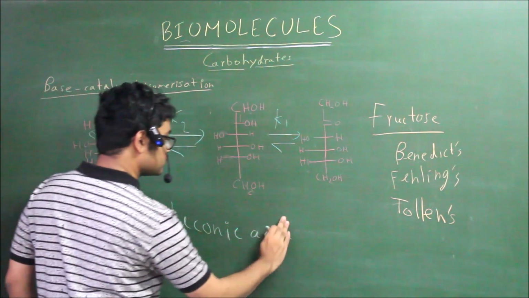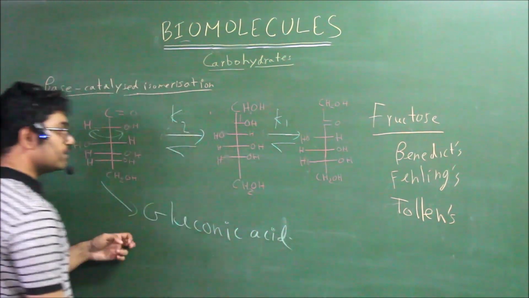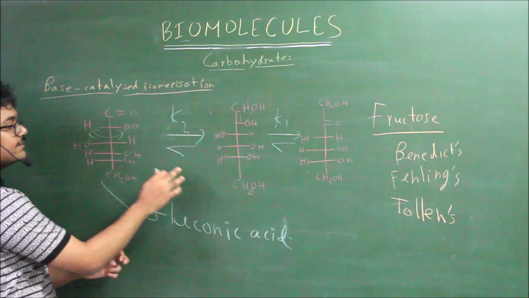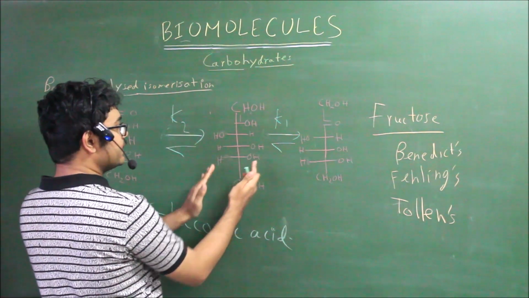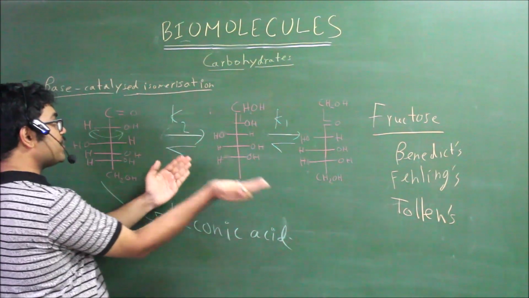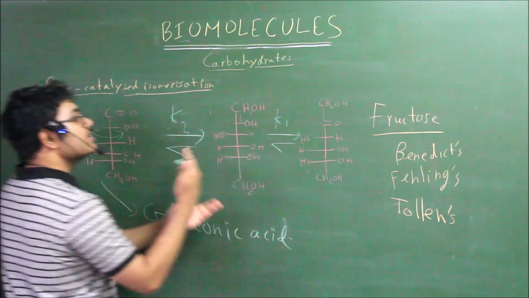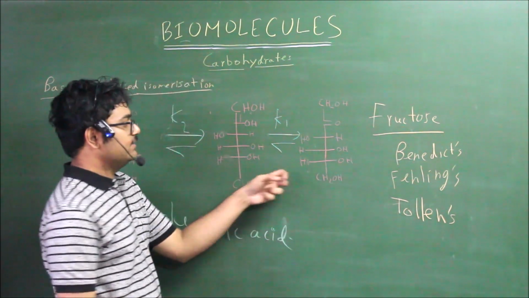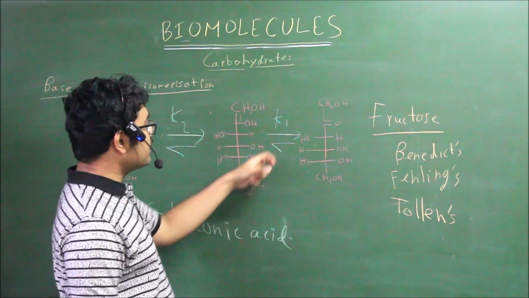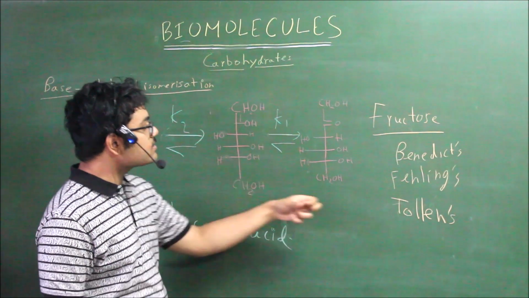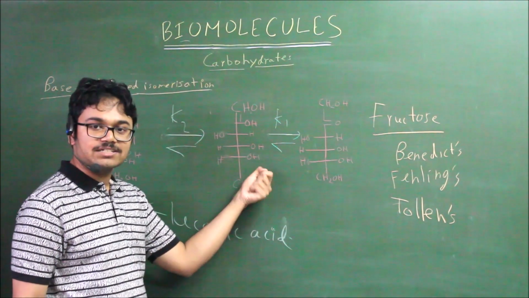It's turned into gluconic acid. So to maintain this K2 value, whenever this enolic intermediate forms, it will prefer to turn into the glucose than into fructose. Therefore, as the enolic intermediate decreases, fructose will keep turning into this intermediate.